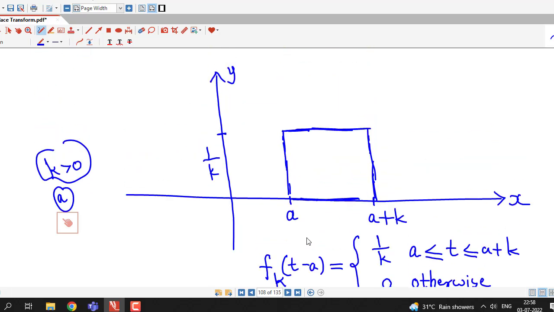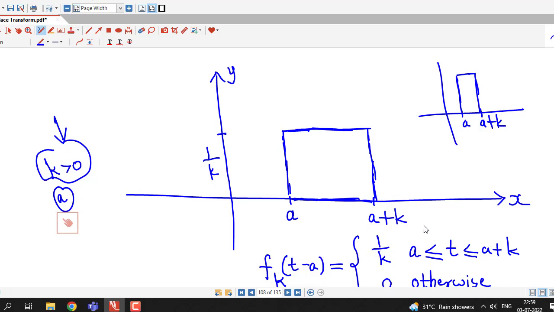Now suppose we are reducing the length of this interval. Suppose we reduce this number k, or suppose we consider this small interval as compared to this. Suppose I consider this much interval, then I will have this type of graph. I am reducing the size of the interval, and definition of this function is same.